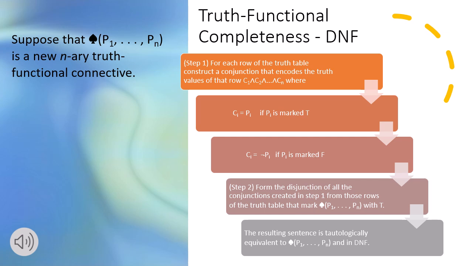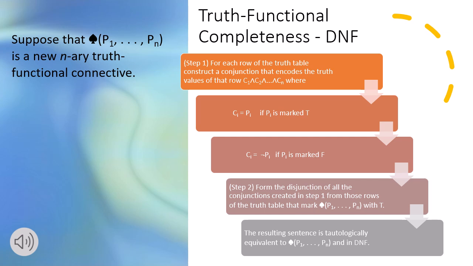In a given row, we let Ci be just the atomic sentence Pi if that row marks Pi as T, and we let Ci be the negation of Pi if Pi is marked F. So we use negation to keep track of those atomic sentences that got marked with an F, and we leave the atomic sentence as itself to mark that it got marked T in that row.